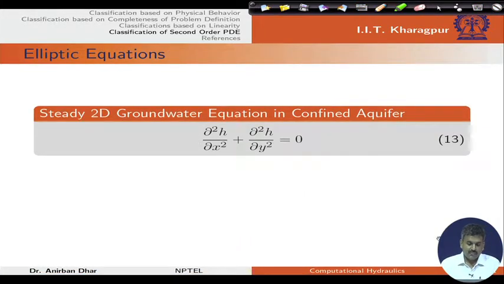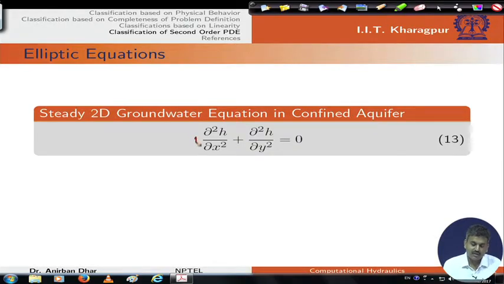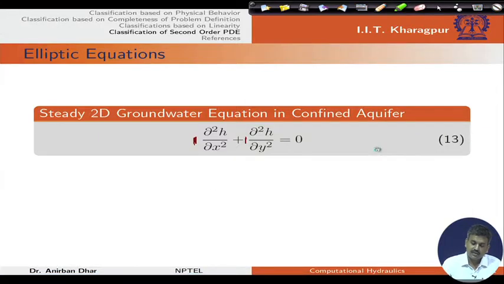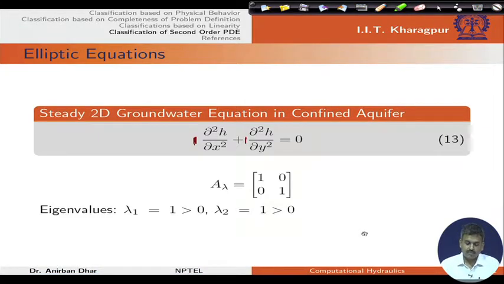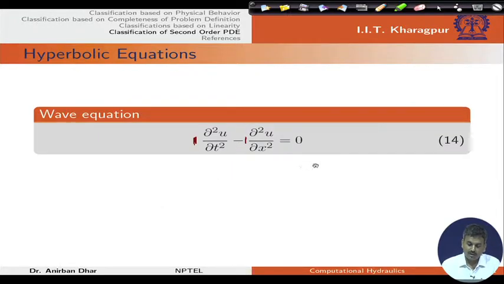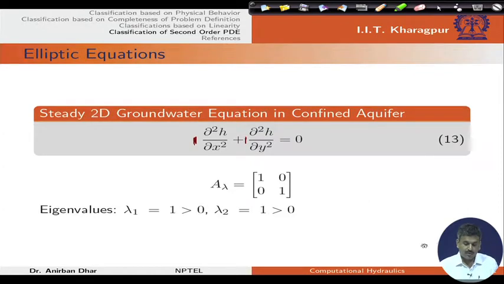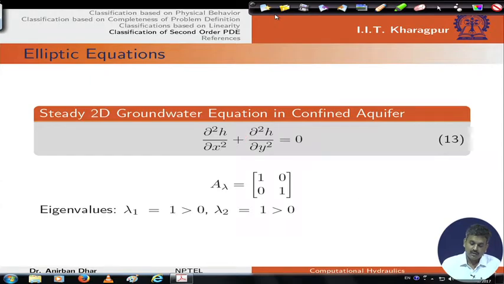If we consider the elliptic equation, again with the Laplace equation, the coefficient is 1. In this case also this is 1. So, if we consider the coefficient matrix, this is 1 1, 1 1, and cross terms are 0 0.